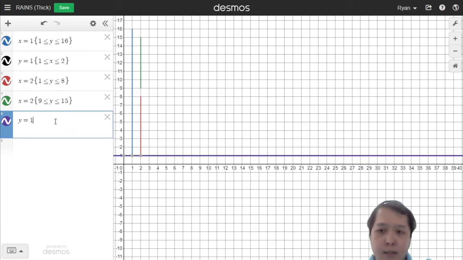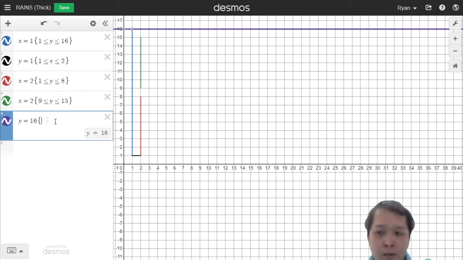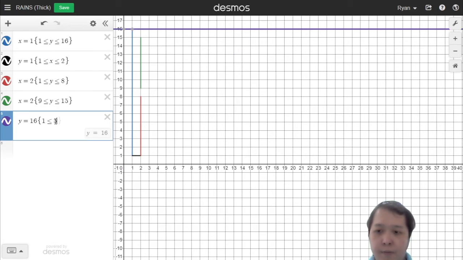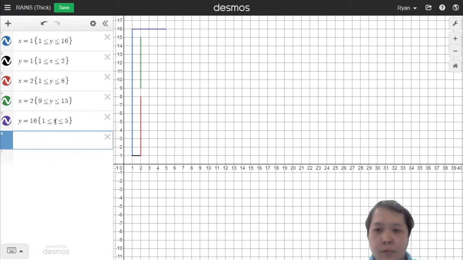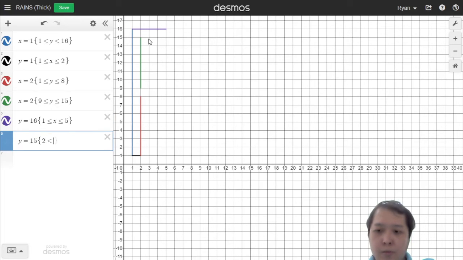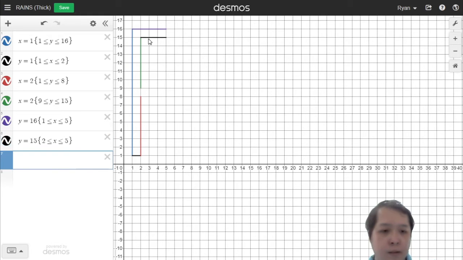Y is 16, 1 until 5, right? The length is 4. Now this part is 3 by 15, so it's 2 until 5. Yes, that's correct. This part will be similar, but the Y is 9 now.